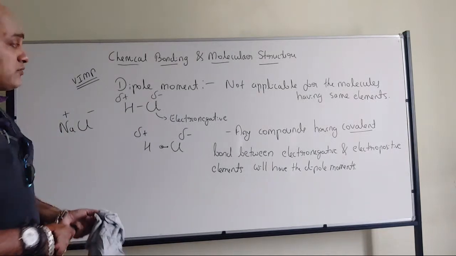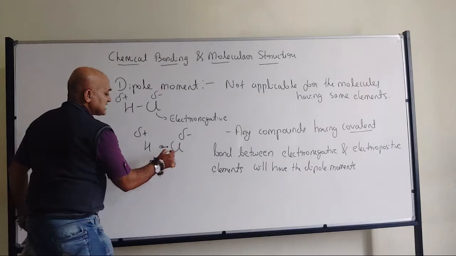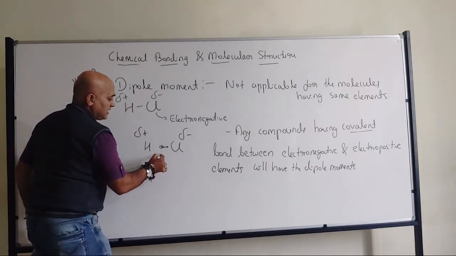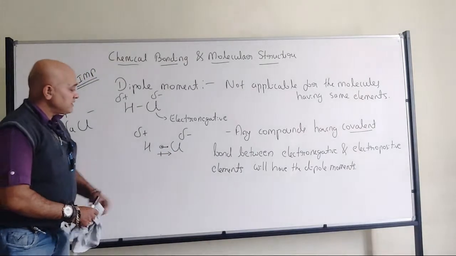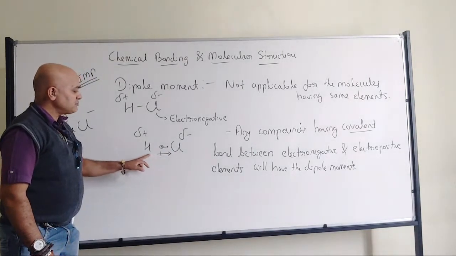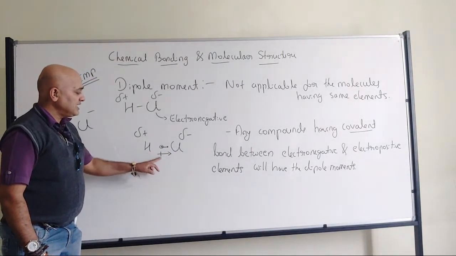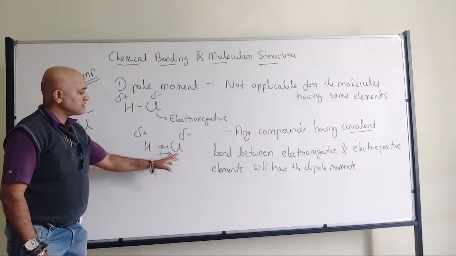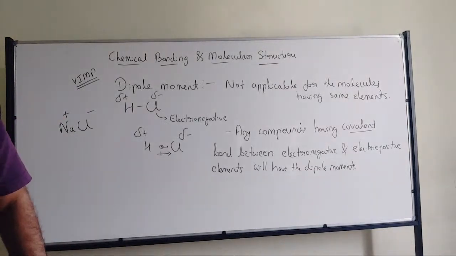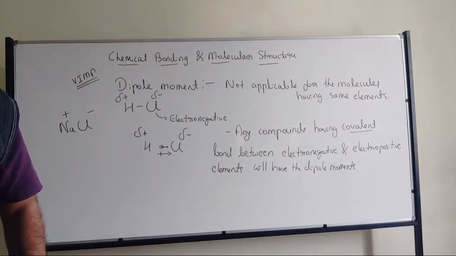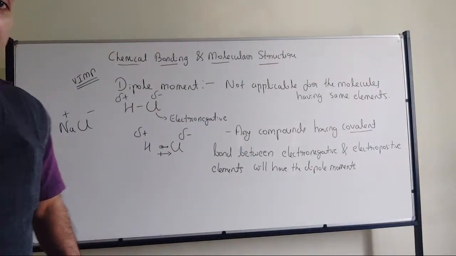Now, since the electron has been pushed towards the chlorine, we can mention it like this, where positivity is present towards the hydrogen. That's how the dipole moment can be denoted. All of you have understood?